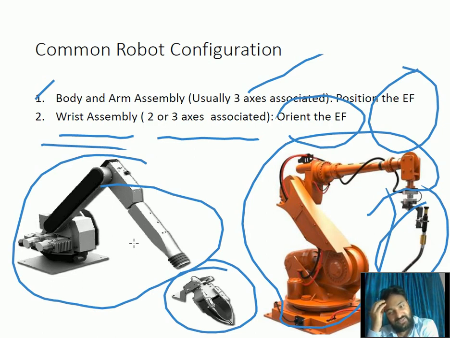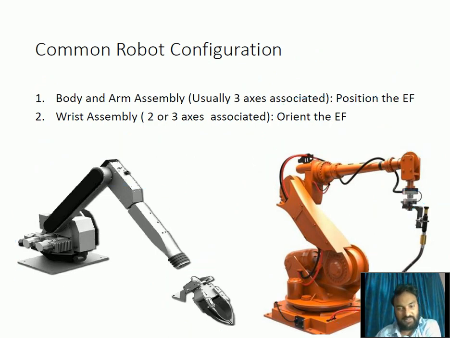Either you have to pick some parts or you have to handle the parts, and to handle those parts you obviously need a grasping mechanism, and that is why the grasping mechanism is called the end effector. Sometimes the grasping mechanism can be replaced by a tool. In that case, instead of using a gripper end effector, we will use a tool.